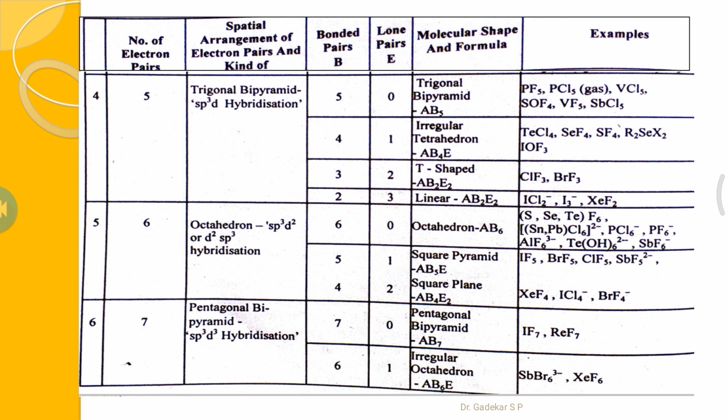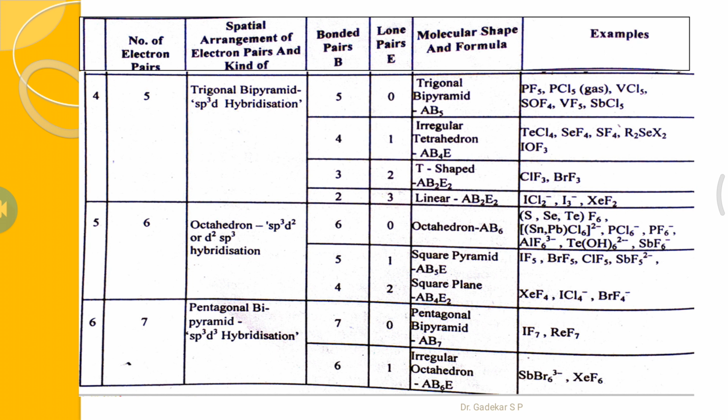If the molecule contains 4 bond pairs and 1 lone pair, the shape is irregular tetrahedron, for example TeCl4. If it contains 3 bond pairs and 2 lone pairs, T shape, that is the ClF3 molecule. And for 2 bond pairs and 3 lone pairs, the shape is linear, for example ICl2-, I3-, etc.